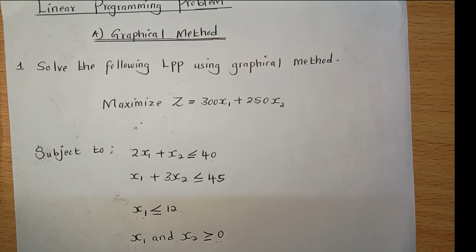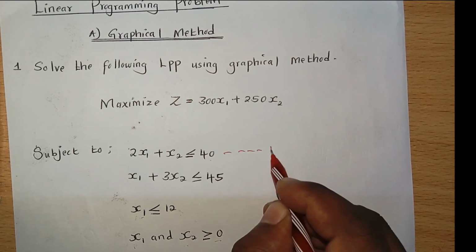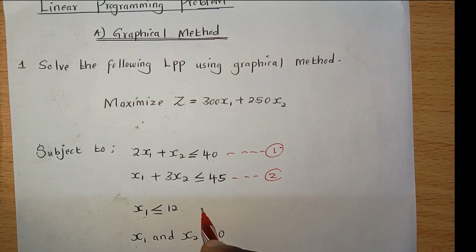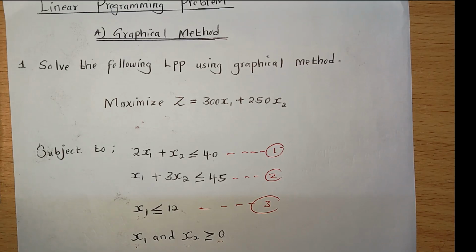I remember in the previous video I told you that to solve a linear programming problem using the graphical method, we usually graph each constraint function. So we need to plot all these constraint functions on a Cartesian plane.